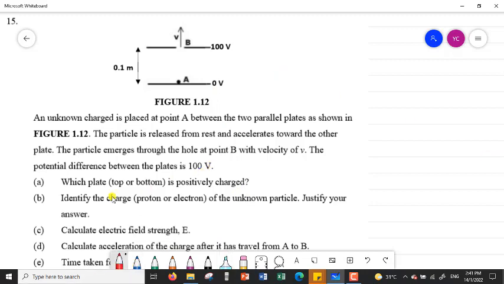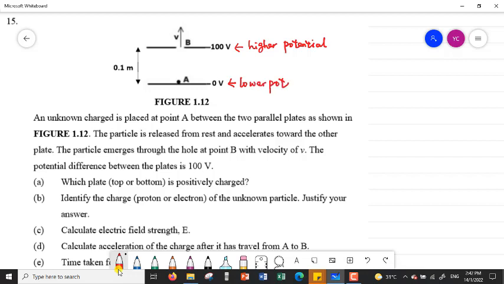So class, how are we going to answer question A? How are we going to know which plate, the top or the bottom, is positively charged? We refer to the value of potential given. The 100 volt here shows that this is a higher potential, and the 0 volt at the bottom plate is at lower potential.